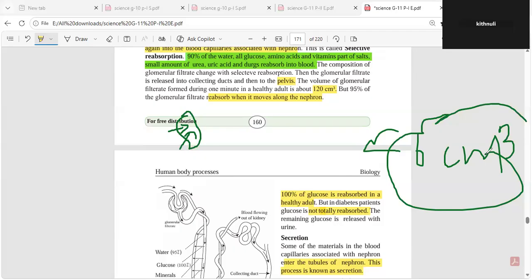So the total glucose amount will not be reabsorbed in a diabetes patient. That remaining glucose will be passed out through the urine. Clear?